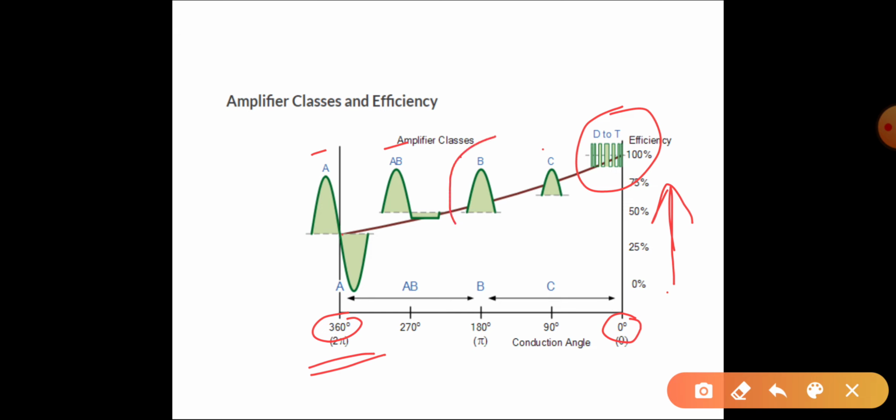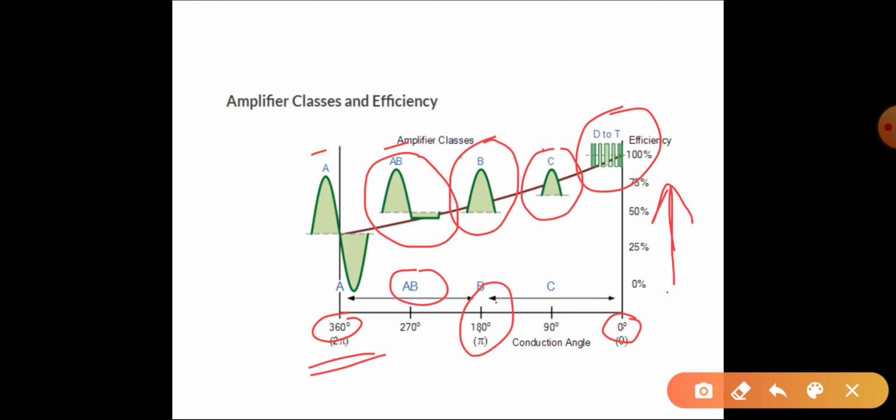Now you can see the class B power amplifier only gives 180 degree output, or the conduction angle is 180 degrees. For class AB power amplifier, the conduction angle is somewhere between 360 degrees and 180 degrees. And lastly, for class C amplifier, the conduction angle is between 0 degrees and 180 degrees, meaning less than 180 degrees.